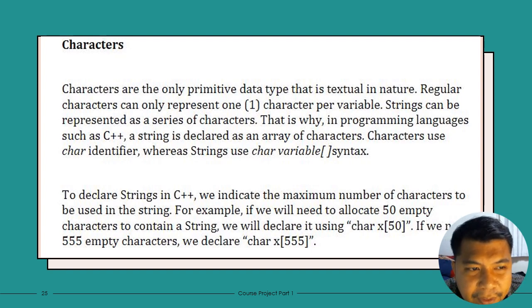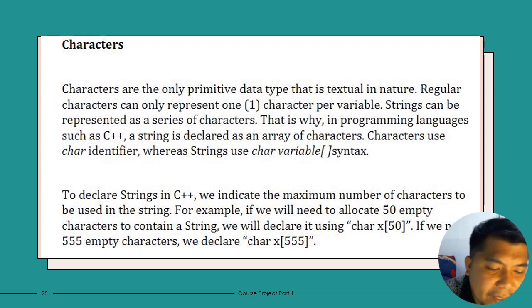Okay? Regular characters can only represent one character per variable. Strings can be represented as a series of characters. That's why in programming languages such as C++, a string is declared as an array of characters. Characters use the char identifier, whereas strings use char variable syntax.